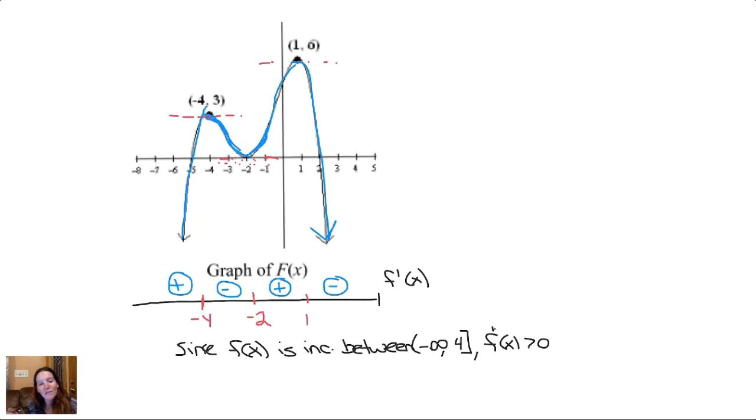That might be a defense that we use in writing it out, right? The number line itself is not good enough, but what we said while we were making the number line is what you would write down if it asked for defense for why you know that's true.